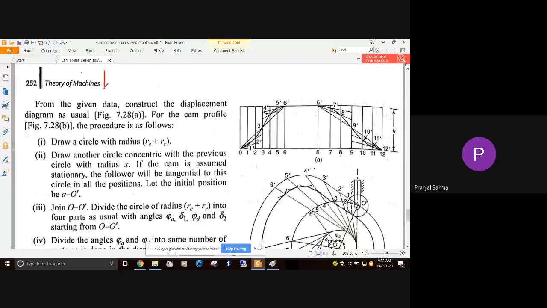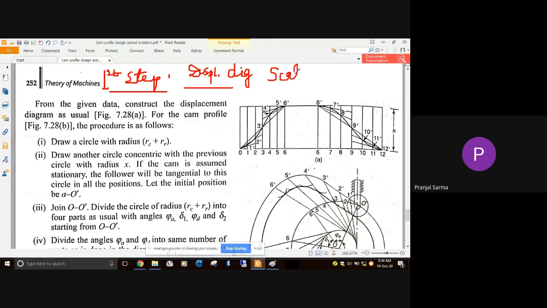Now our first step is drawing the displacement diagram. You will mention it: first step, displacement diagram. In that case, the first thing is to consider a proper scale and mention it.